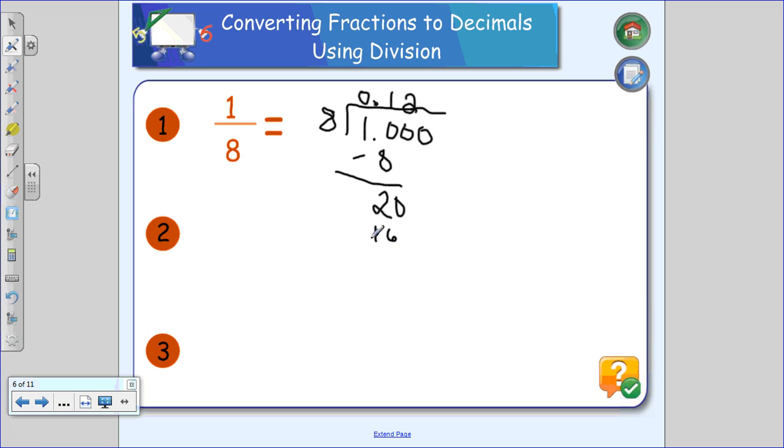Subtract. 20 minus 16 is 4. Bring down another 0. 8 into 40 is 5. 40. And I get 0. So now that I've got 0, I know I can stop. And this is 0.125.